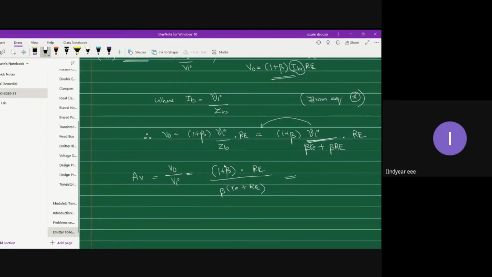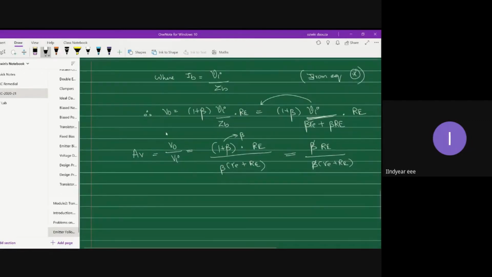Once again, we take 1 plus beta as beta, so it is beta times capital RE divided by beta times re plus capital RE. So this beta gets cancelled, and what you get is the voltage gain expression, AV approximately equal to RE divided by re plus RE. This is our voltage gain expression.